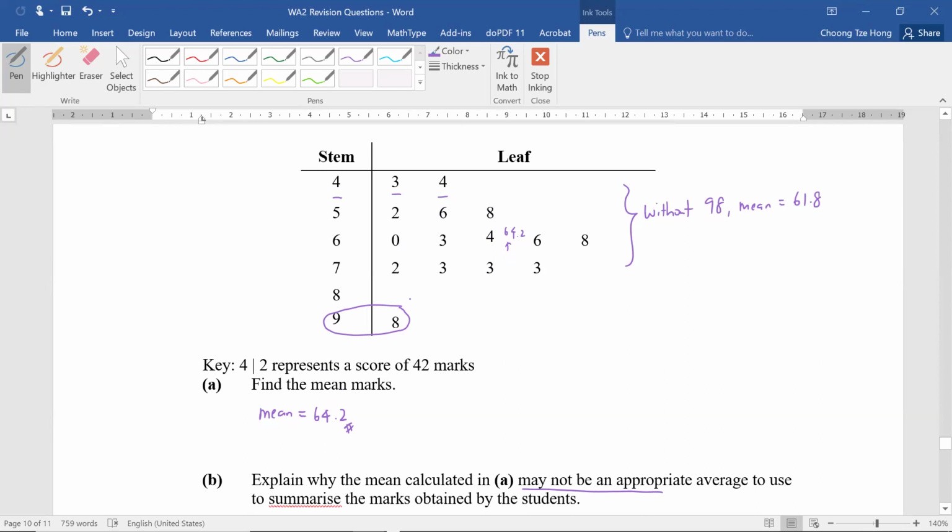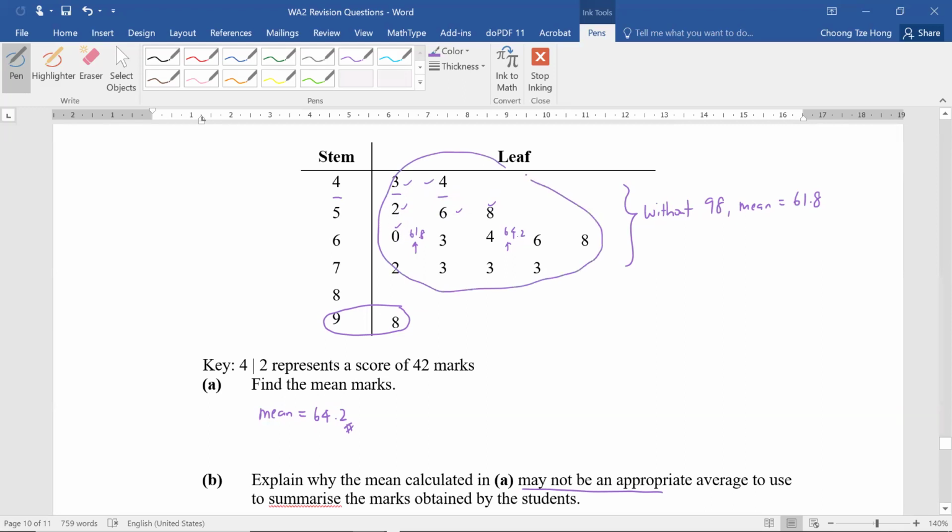But if we disregard the 98, then the mean becomes 61.8, which will be somewhere around here. Now only 6 students, 1, 2, 3, 4, 5, 6, perform below the mean. This gives a better representation because most of the people are around this region.